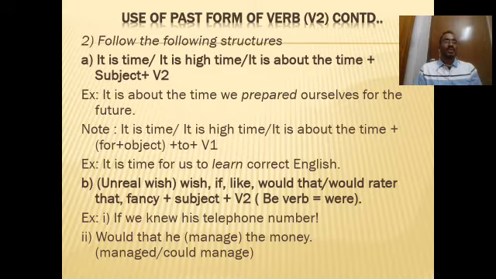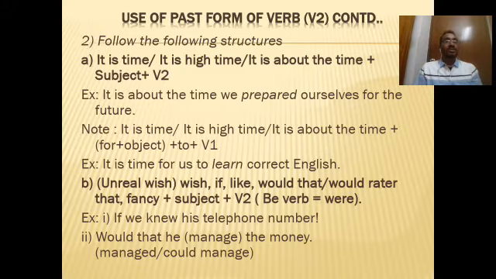So it is about the time, or it is high time, it is time, then subject, here I have used we. So any other subject may be here, I or they or you. So after this, if you find any subject, we should use the second form of verb.